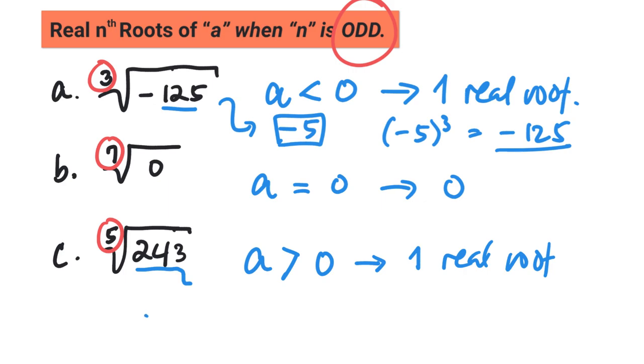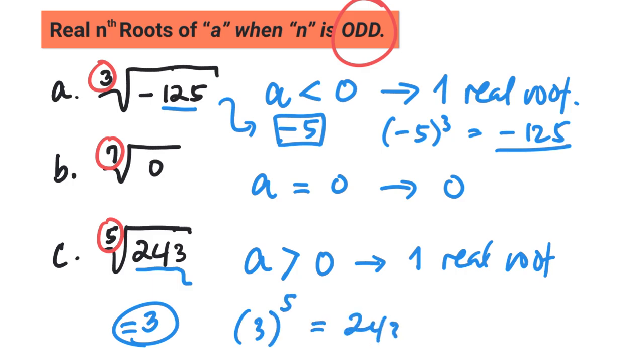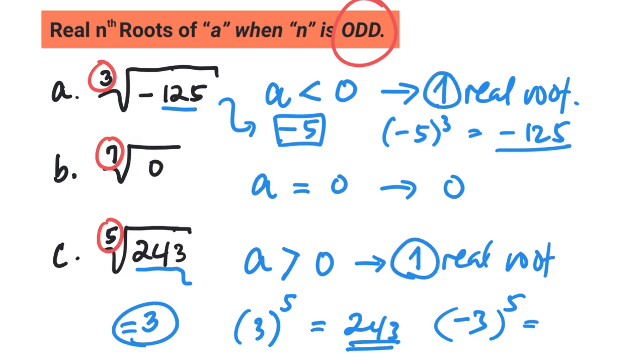If you multiply 3 five times, it's going to give you 243. Now, if you multiply negative 3 five times, it's not going to be a positive 243. It's going to be a negative 243, and still you're going to have one real root for each of these situations.